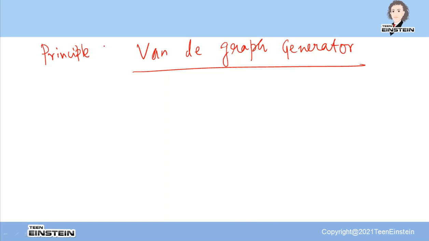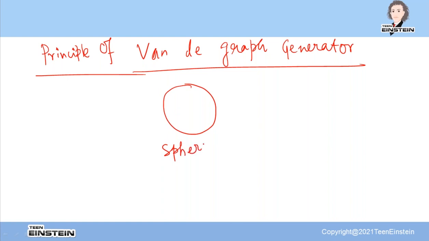Look, we have learned in the first chapter, if I have a conducting spherical shell, spherical shell means nothing is there inside. This portion is empty.